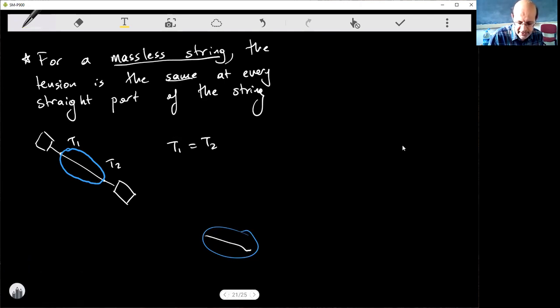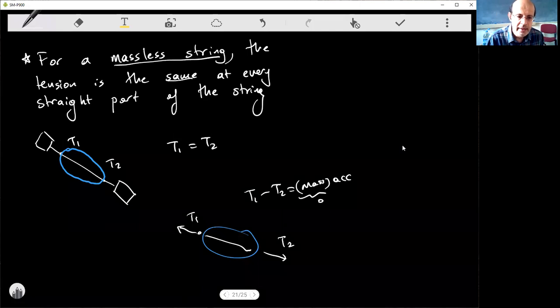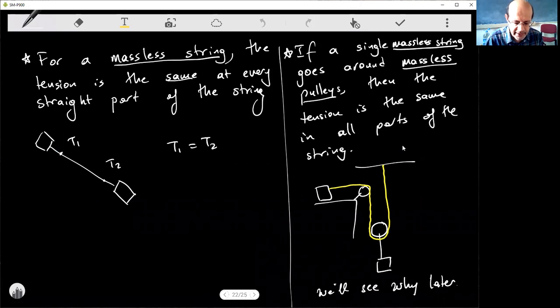And then you will notice that this part is pulled with a force equal to T1, and this part is pulled with a force equal to T2. And then you're going to notice that T1 minus T2 is equal to the mass of the string multiplied with its acceleration, but the mass is 0. So therefore the tensions should be the same. In any case, this is basically what we say. So if the string is massless, then we can safely say that the tension is the same everywhere. There's another thing in here. In some cases, we will talk about pulleys.